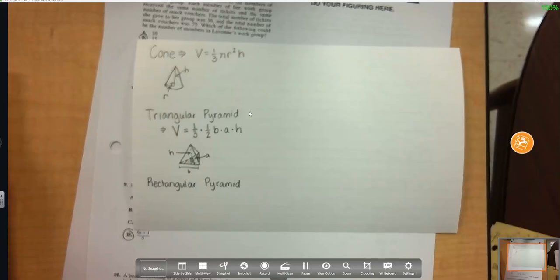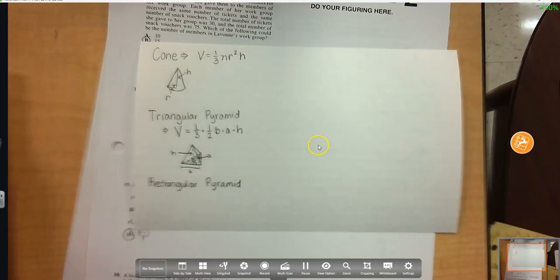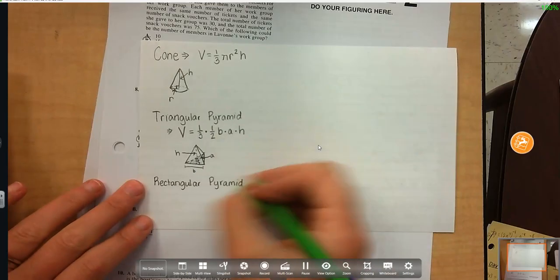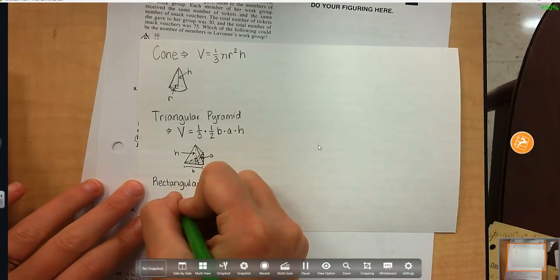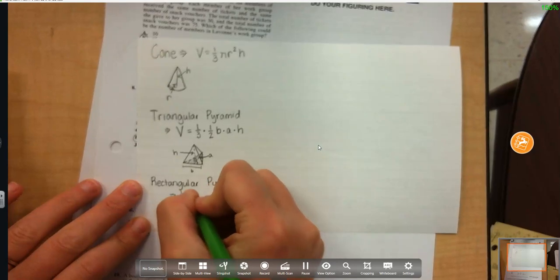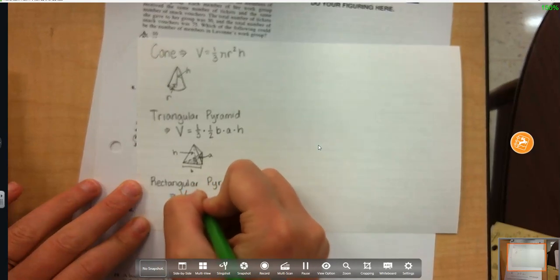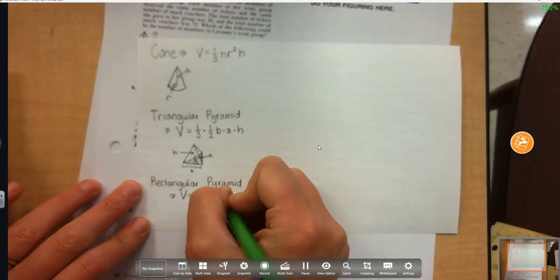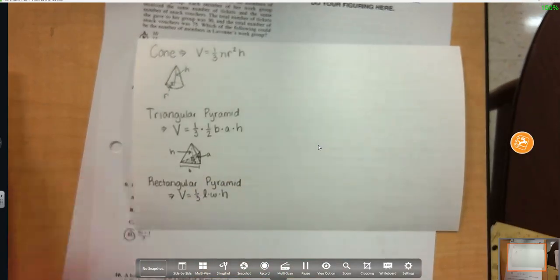The only difference is that if you have a square pyramid, then your length and your width of your rectangle are going to be the same. So we're going to have volume equals 1/3 length times width times height.